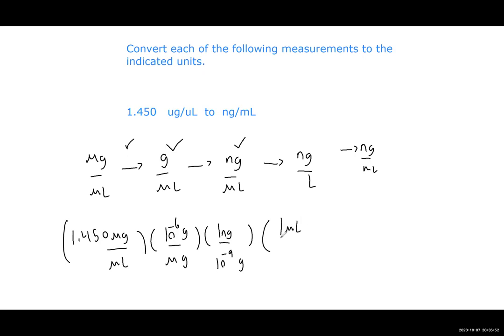And we know in 1 microliter, there are 10 to the negative 6 liter. And we know that there are 10 to the negative 3rd liter per mil. So punching this into our calculator, we get 1.450 times 10 to the 6th nanograms per milliliter.